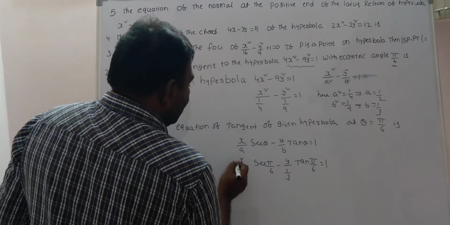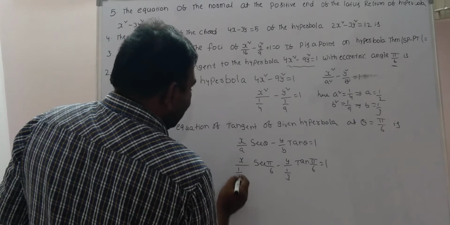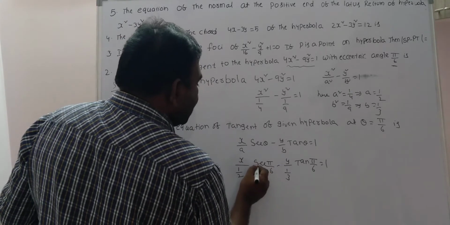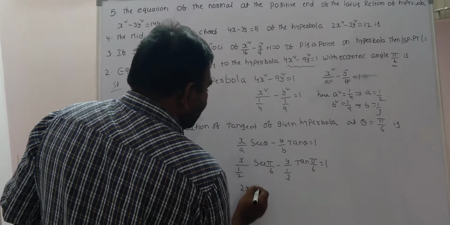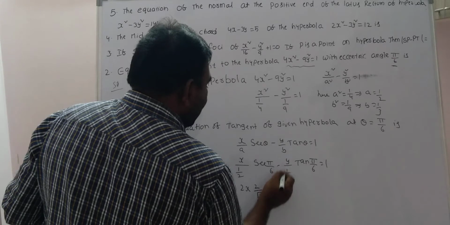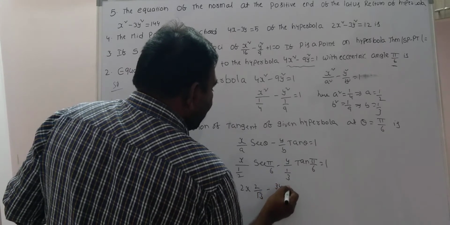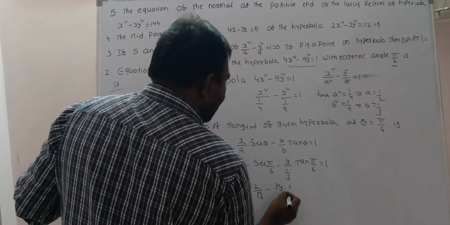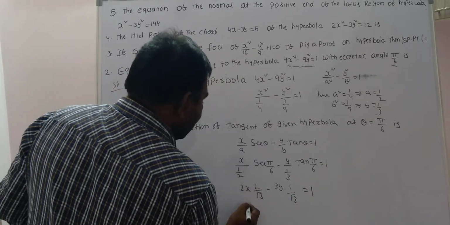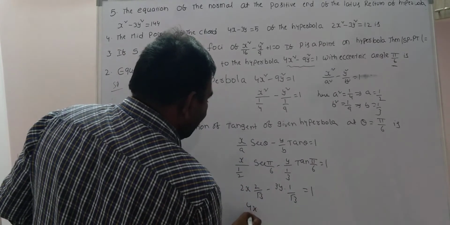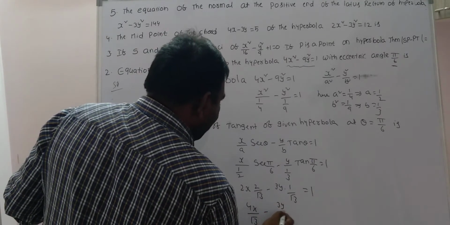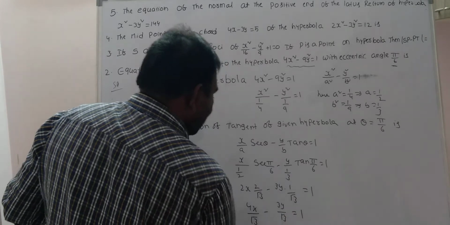So keep in the place of numerator: 2x secant pi by 6, secant pi by 6 value 2 by root 3, minus 3y tan pi by 6, value 1 by root 3, is equal to 1. That gives 4x by root 3 minus 3y by root 3 is equal to 1.